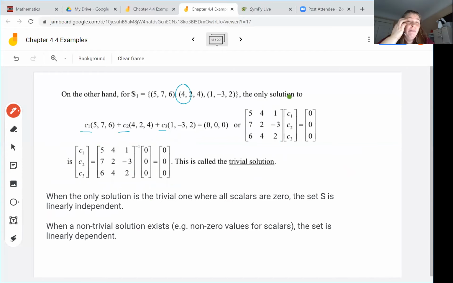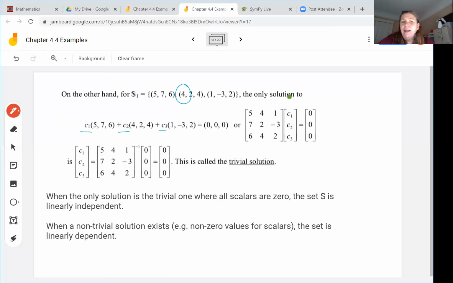All right, on the other hand, remember our set S1 that did span R3? So S1 was almost the same as S2, except we had a 4 as the first value in that second vector. So the only solution to the equation C1 times 5, 7, 6 plus C2 times vector 4, 2, 4 plus C3 times vector 1, negative 3, 2 is going to be 0, 0, 0, the 0 vector.